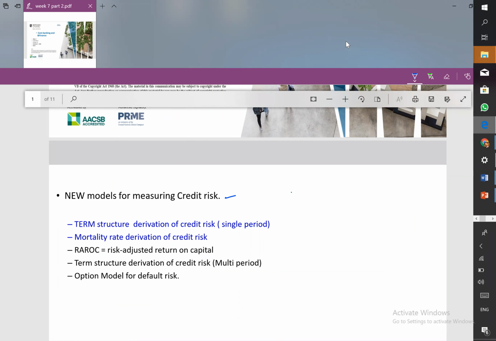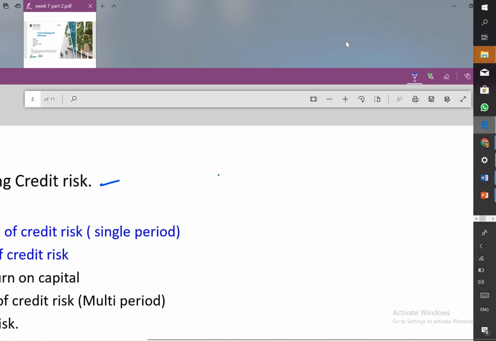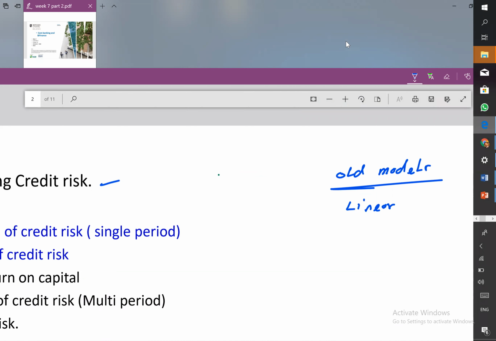As you know, we have talked about the old models, which are the probability models: the linear probability model, and we have the logit one. And we have the Altman, which is the Altman Z, the discriminant model.